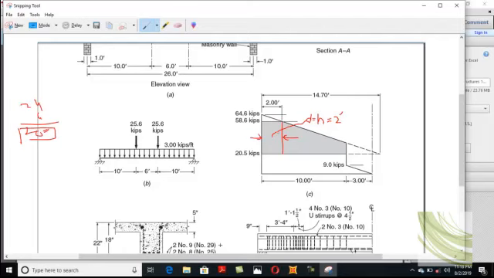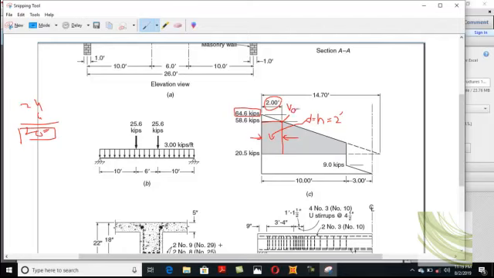So at a distance d, this shear value will be our design shear. You should remember that this 64.6 kip is not our design shear. We consider VCR is basically our design shear, okay.